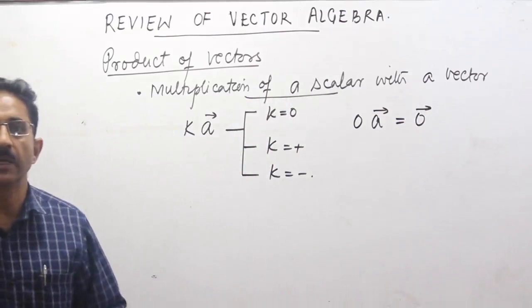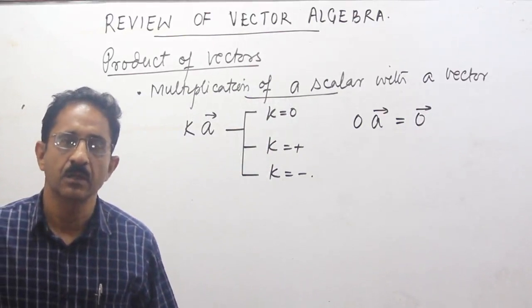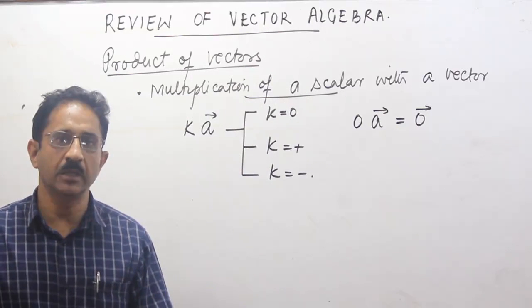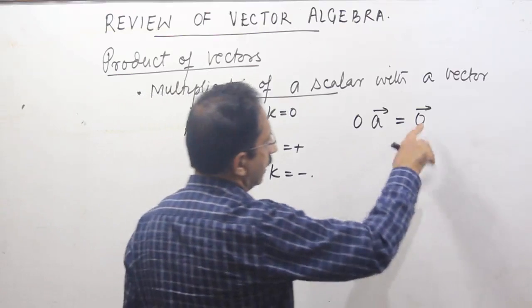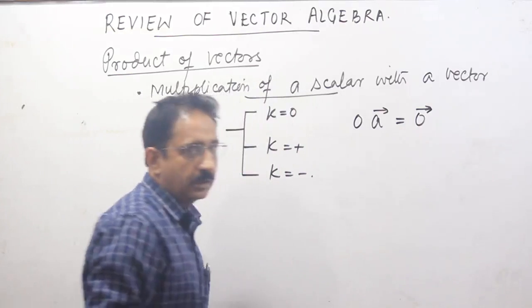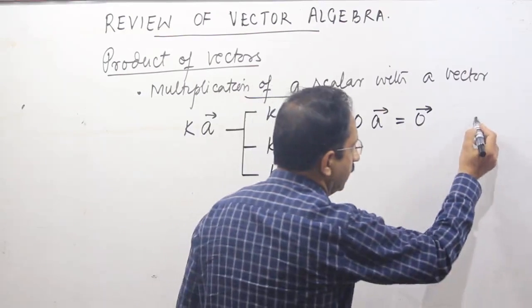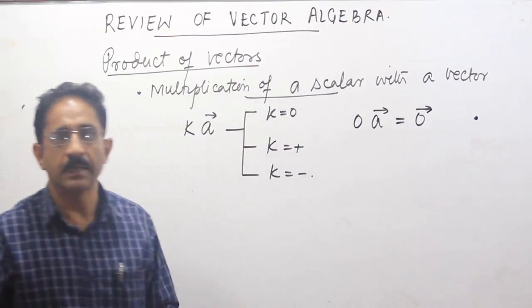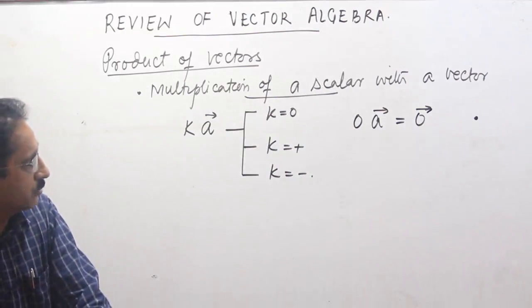The existence of the zero vector is very significant for various mathematical operations. And regarding the zero vector, we have the property that it is represented by a point. This point has no length as such, so a zero vector will have magnitude 0.